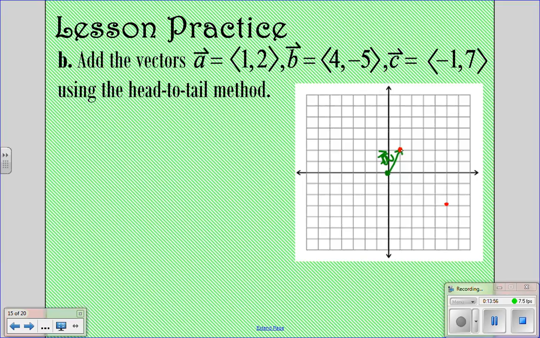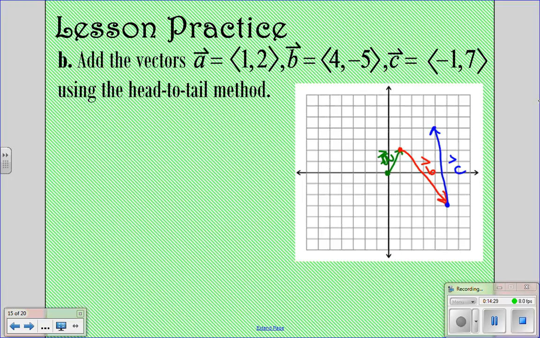And so if you connect these, this is vector B. And then from vector B, we're going to do vector C. So we're going to go left 1 and then up 7. And so that would be those 3 head to tail.